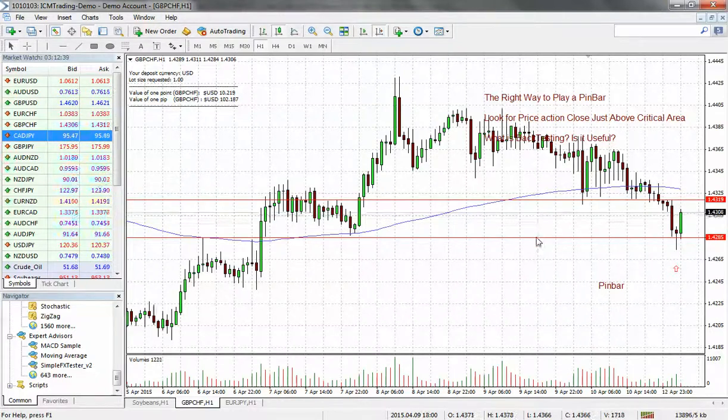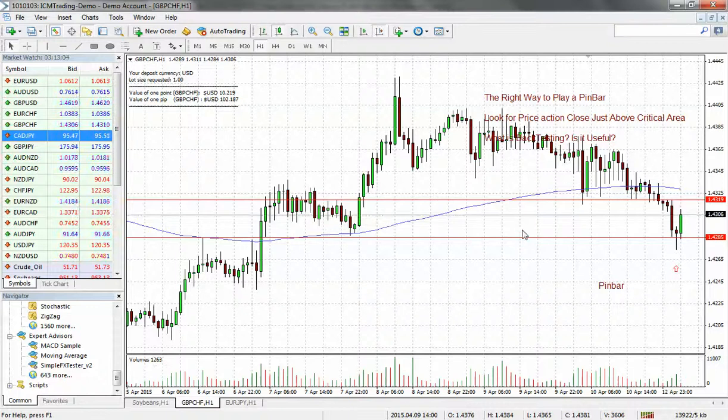So if price comes back up here, usually it will want to come back down to this area and touch it. So if you enter the trade here, then you may lose this much from here to here. But since the pin bar closes close to the critical area, price doesn't have much room to go down. You see, I hope you can understand that concept.